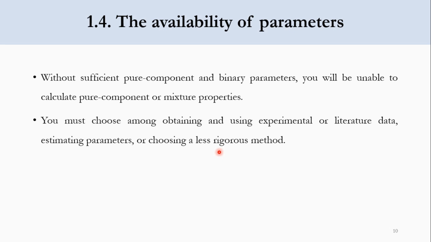So these are the four important considerations which we have just studied: the nature of properties, composition of the mixture, temperature and pressure range, and finally the availability of parameters. These must be considered when you are selecting a suitable property package for your system.